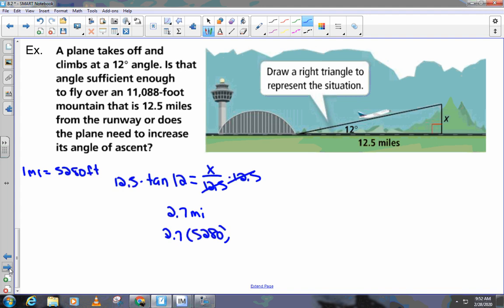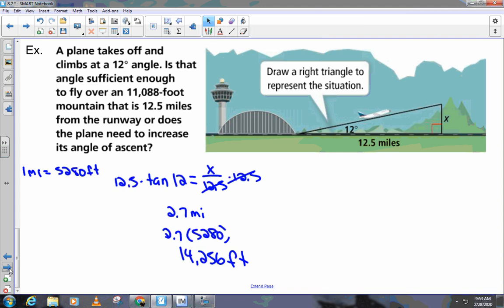And that gives me 14,256. So, is traveling at 12 degrees over 12.5 miles going to be sufficient to clear the mountain range? Yes, it will. Okay, good.